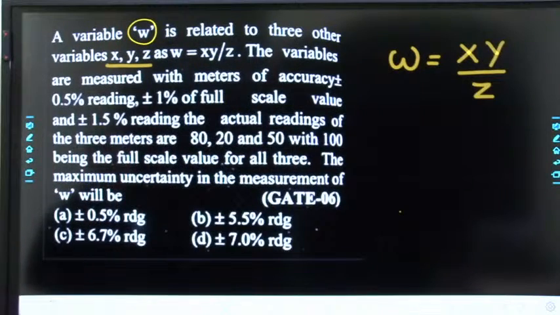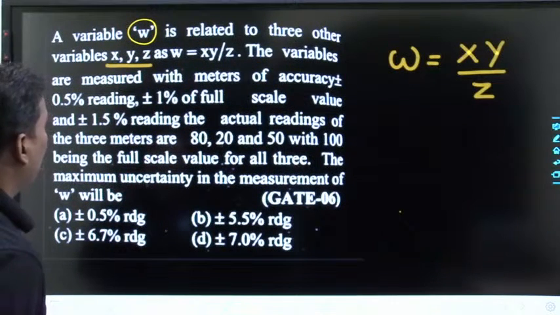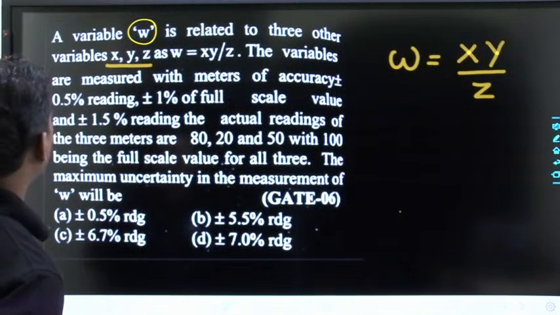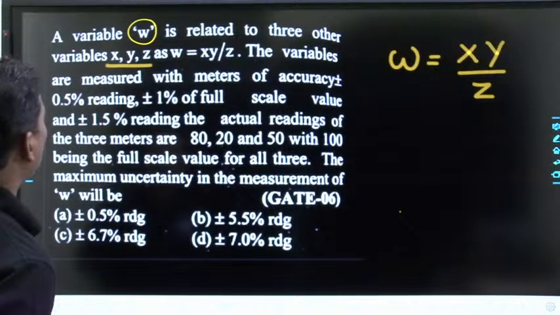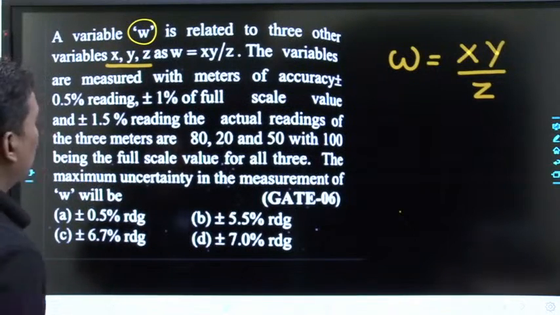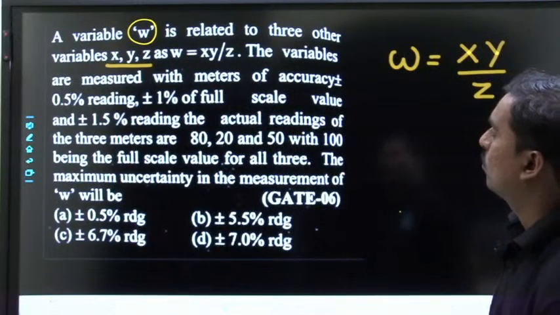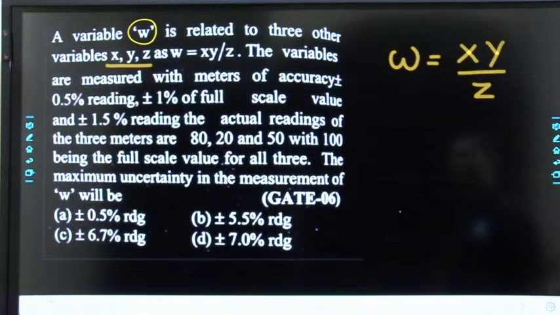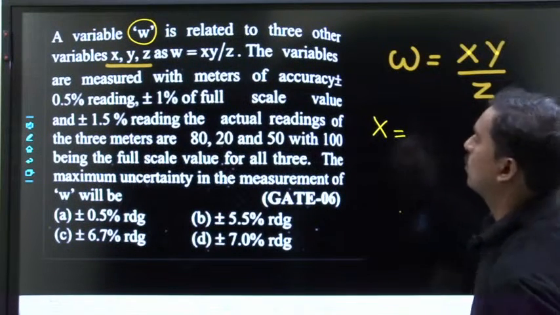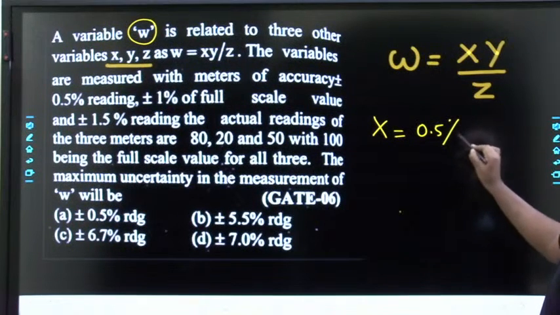A variable W is related to three other variables X, Y, Z. W is equal to X, Y by Z. The variables are measured with meters of accuracy plus or minus 0.5% of reading, 1% of full scale value, and plus or minus 1.5% of reading. So what is this? X has an accuracy of how much? 0.5% of reading.